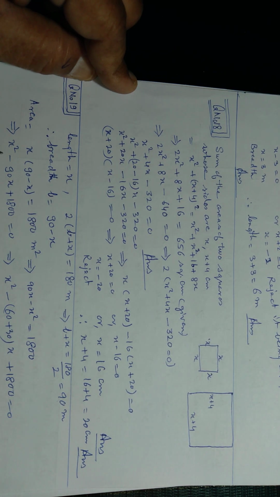So we will write it in quadratic equation form, that is x square minus 90x plus 1800 equal to 0. This 90 can be written like this: x square minus (60 plus 30) x plus 1800 equal to 0.